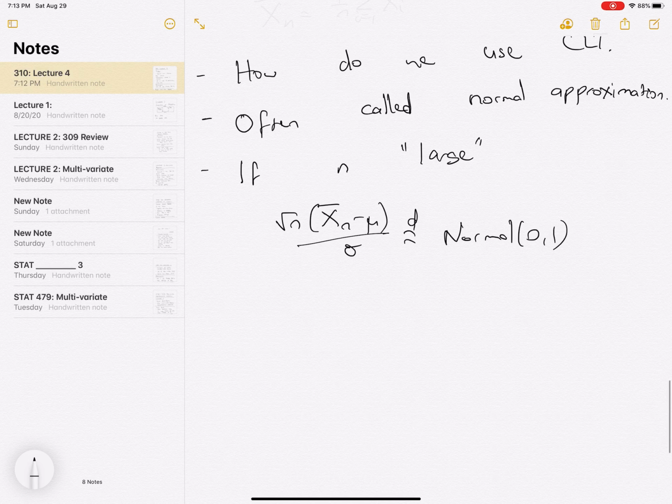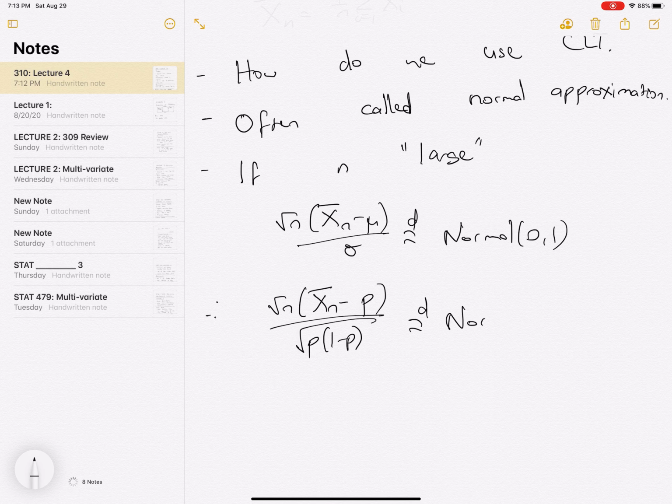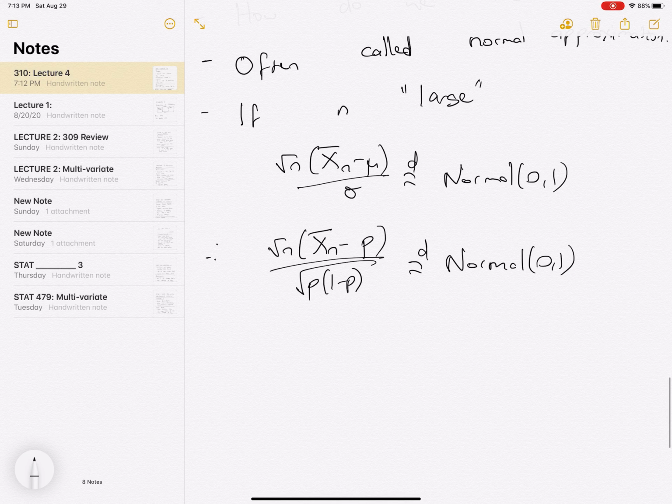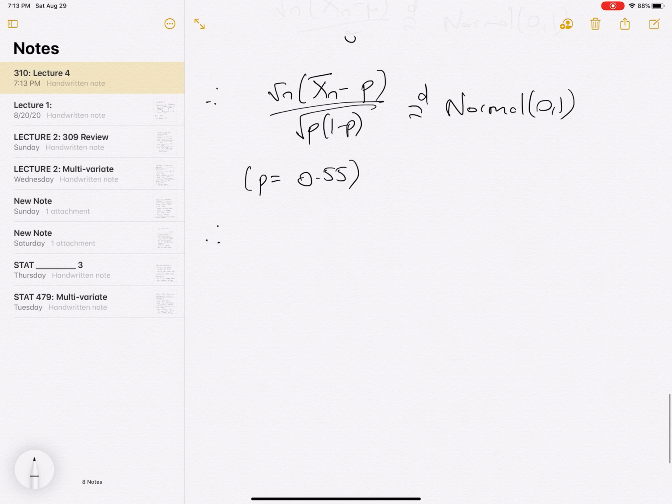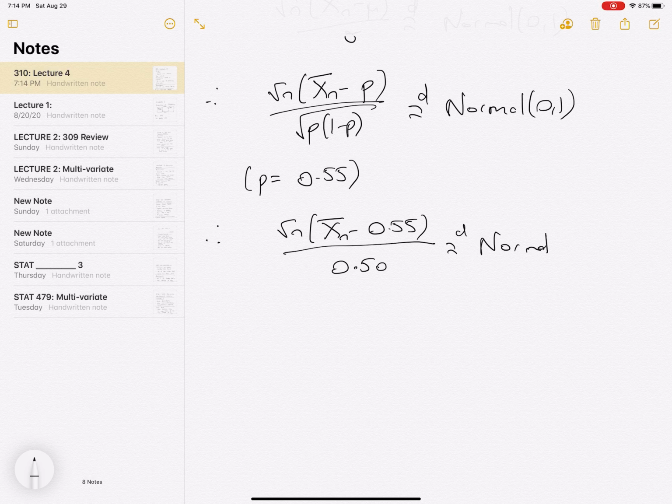Okay, and so then what we have here is that p times 1 minus p is going to be roughly 0.24, and when you take a square root, you'll get back about 0.5.